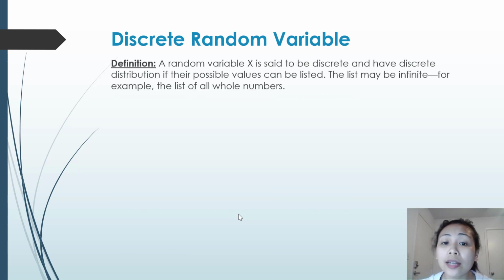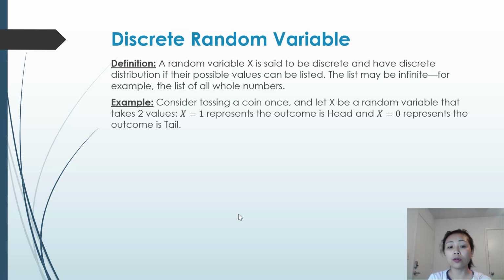A random variable x is said to be discrete and have discrete distribution if its possible values can be listed. The list can be infinite, for example, the list of all whole numbers. Example, consider tossing a coin once and let x be a random variable that takes two values.